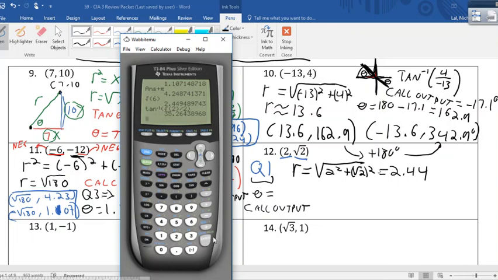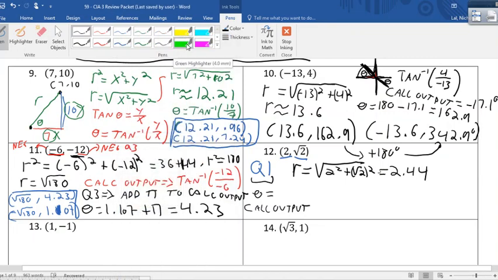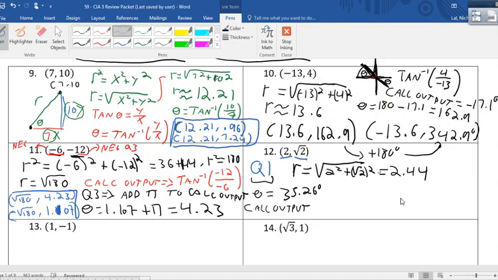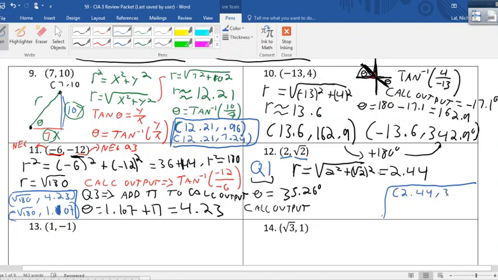That should give me 35.26 degrees. So theta is equal to 35.26 degrees. So one polar coordinate that I could have here is an r value of 2.44 and a theta value of 35.26 degrees.